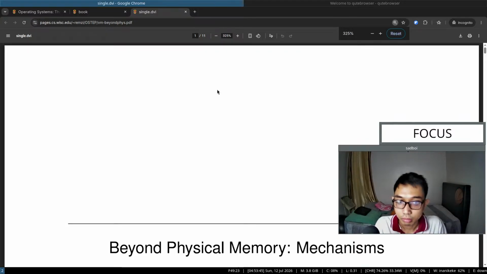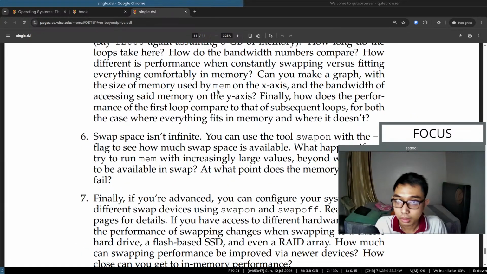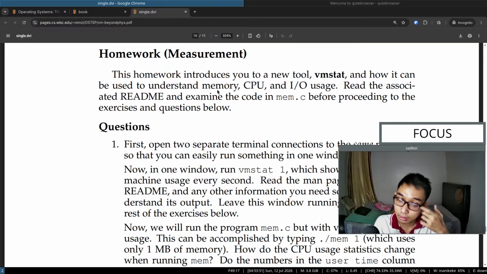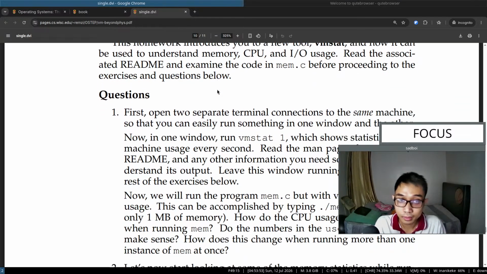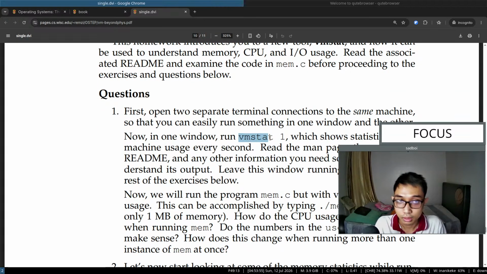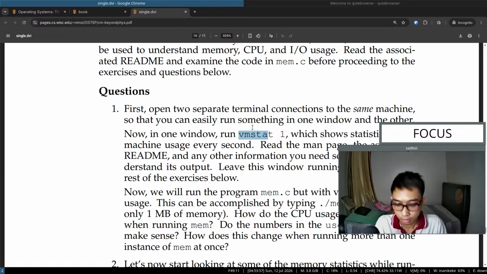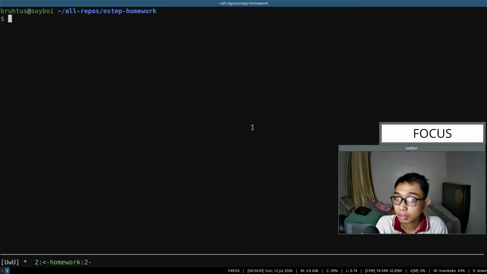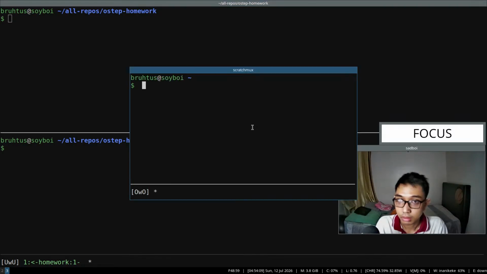Yeah, this chapter is about swapping, I guess. Okay. Using the VM stat here. Let me open that. Alright, VM stat. I think only one.